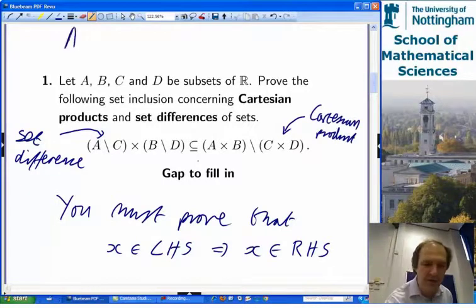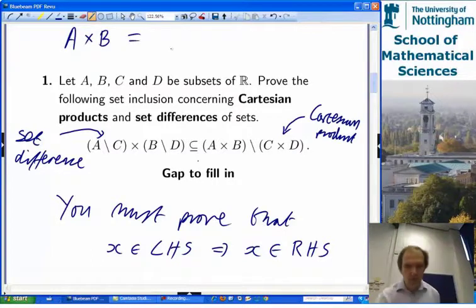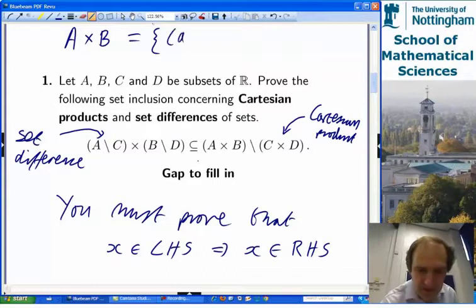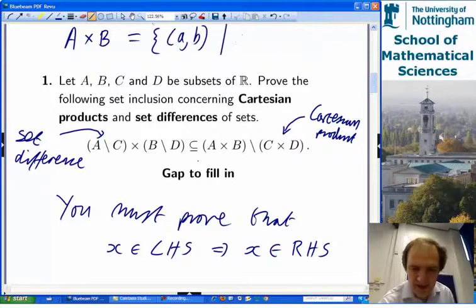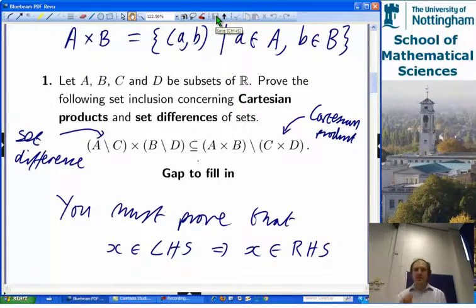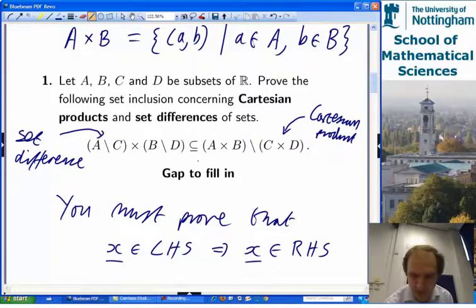I remind you that A times B is equal to all pairs (a, b) such that a is in A and b is in B. And finally, by the time you've taken the Cartesian products, you're working with subsets of R squared here. So actually, I should have vectors, because you're working in R squared.